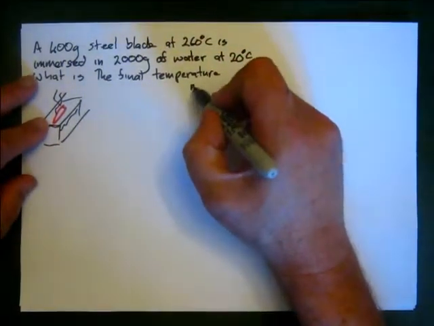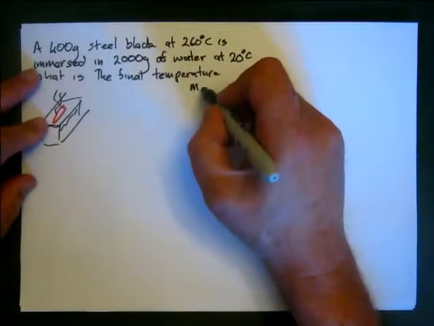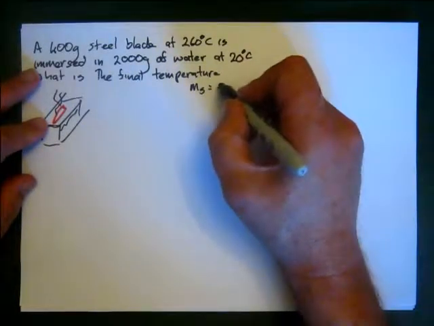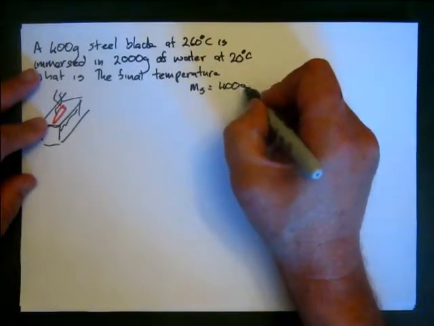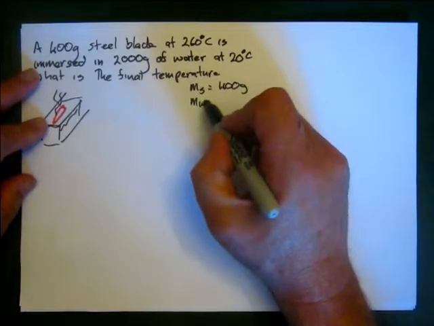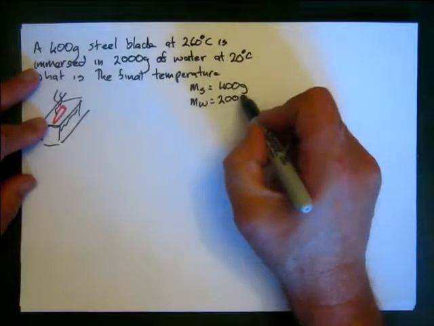So what do we know? We know the mass of the steel is equal to 400 grams. We know the mass of the water is equal to 2,000 grams.